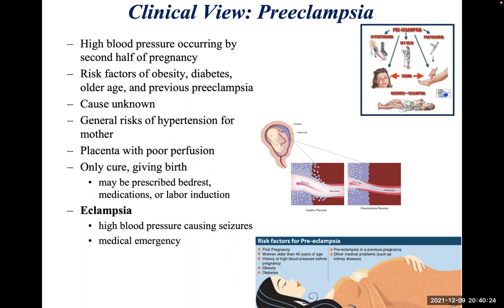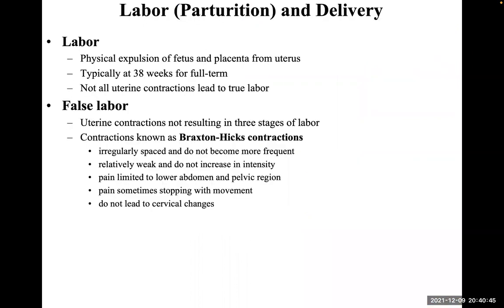And the problem with this really high blood pressure is that it can be so high that it affects oxygen delivery to the fetus. And then if a person becomes eclamptic, one of the characteristics associated with eclampsia is seizure activity. And so that's something that is a medical emergency and requires immediate delivery of the fetus.